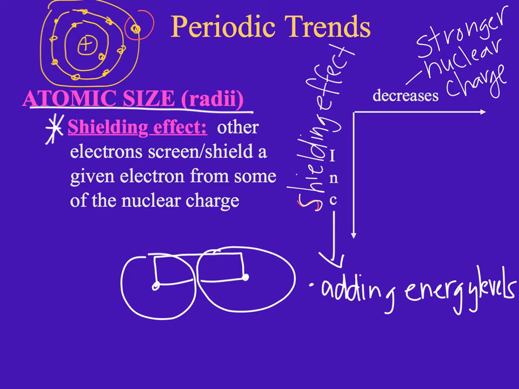So the size of the atom can help you understand its attraction to the nucleus. The smaller it is in size, the stronger the attraction to the nucleus. The larger it is in size, the less attracted the outer electrons are to the nucleus.